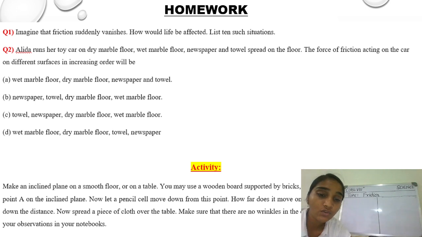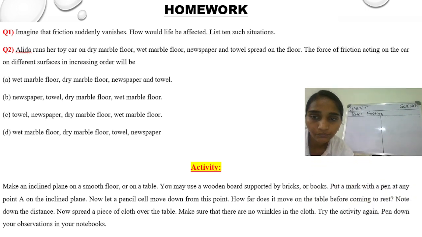And the activity which you have to perform, students, is to make an inclined plane. On a table you may use a wooden board supported by bricks or books. Then put a mark with a pen at any point on that plane. Now let the pencil cell move down from this point, and note how far it moves on the table before coming to rest.